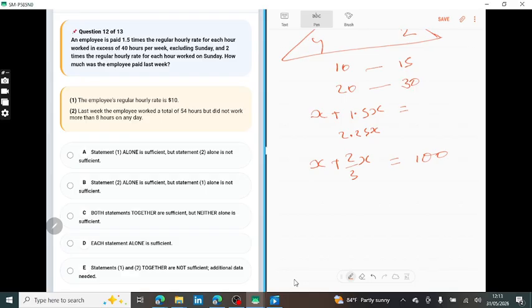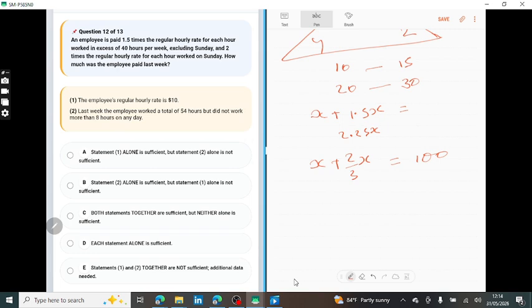This is not sufficient because we don't know the actual hours put in; we only know about the excess of 40 hours. Statement 2 is also not sufficient for one clear reason. Even though we know it is 54 hours, how much is each hour worth? We don't know.